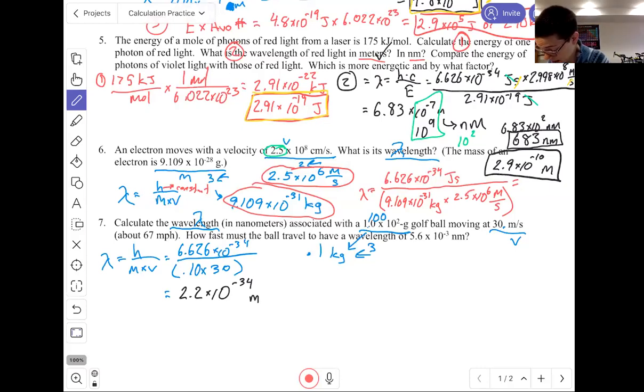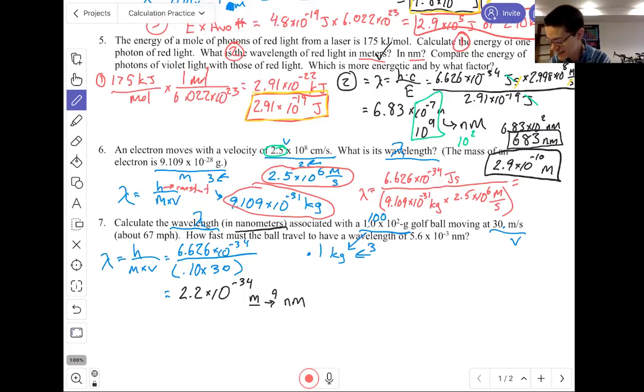Now, that's in meters. If I threw it in nanometers, going from meters to nanometers is how many spaces? 9. Nano is 9.